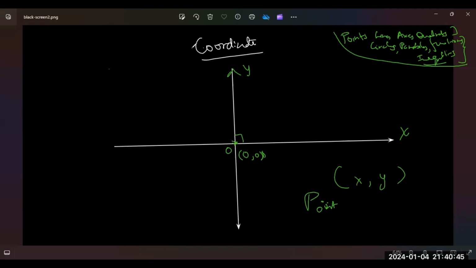For example, when you say your home address, you will say first some main and then some street. Similarly, every point is addressed as x, comma y.